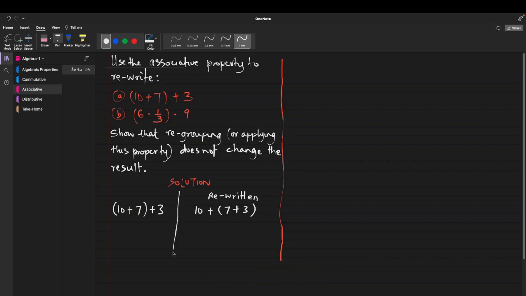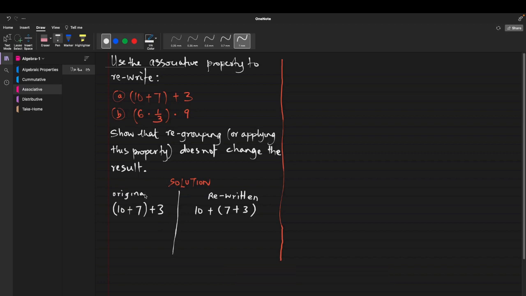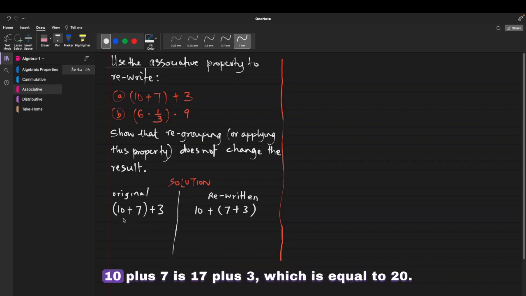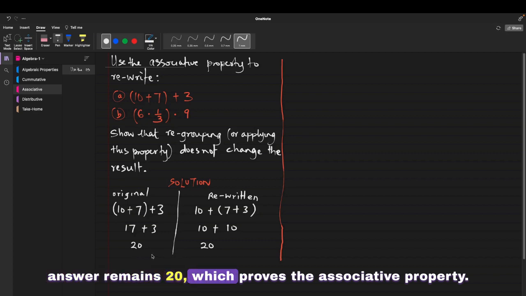And here is the original expression. 10 plus 7 is 17 plus 3, which is equal to 20. And here we're saying 7 plus 3 is 10. 10 plus 10 remains 20. So whether we regroup it or not, the answer remains 20, which proves the associative property.